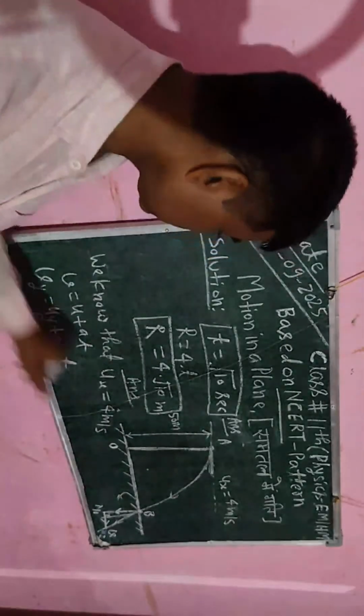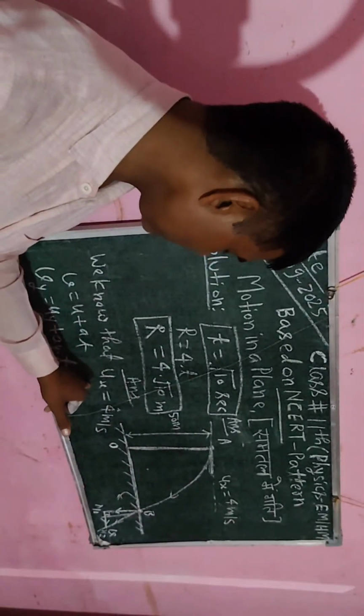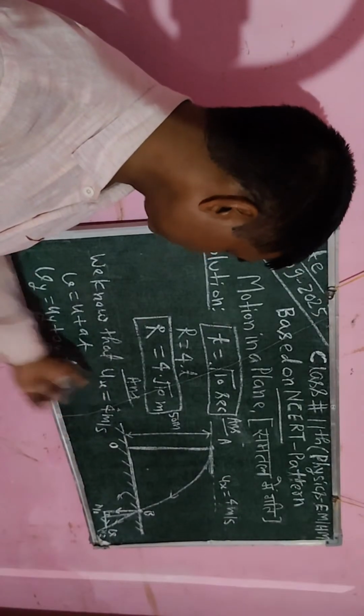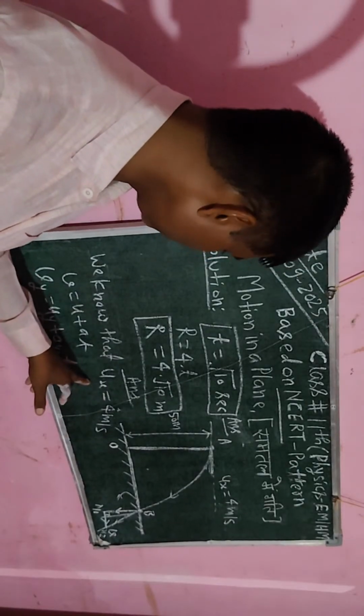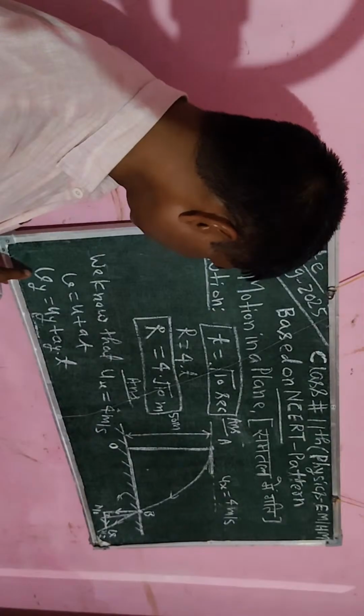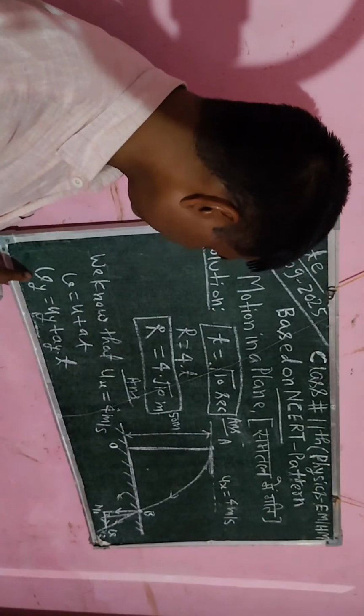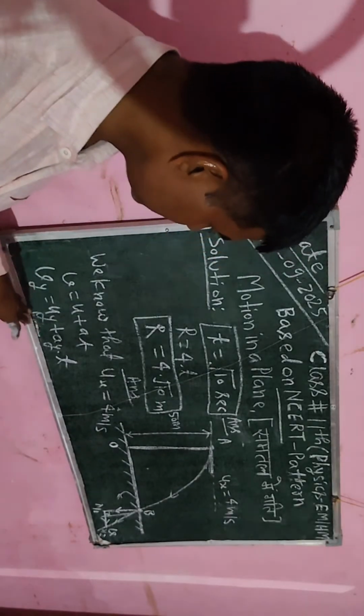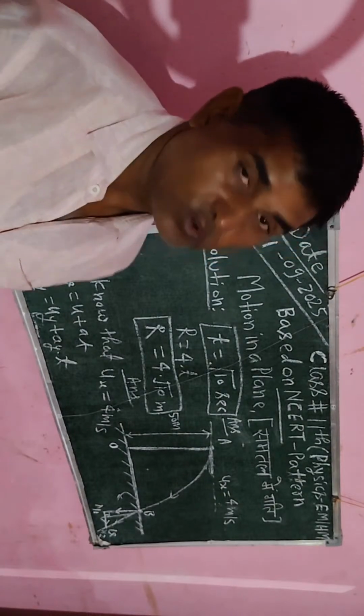similarly, uy I have already got. Vy I have already got. Now here I will say Vy is this one. Now after calculating it, I will use Pythagoras theorem.